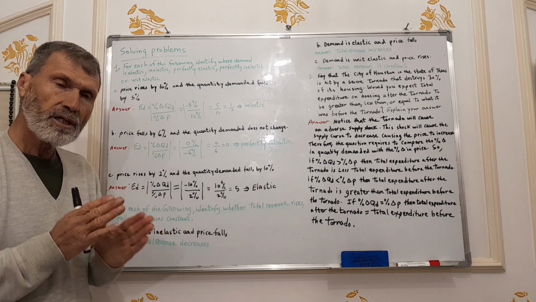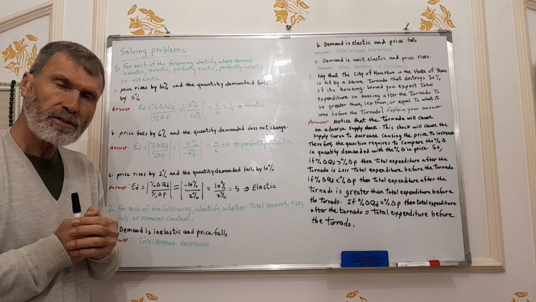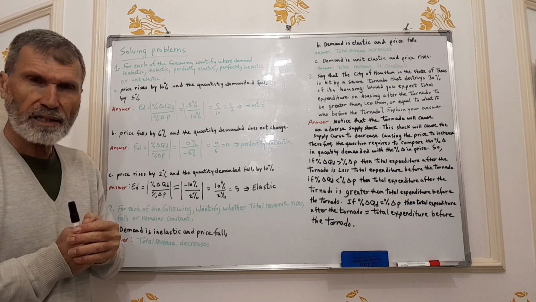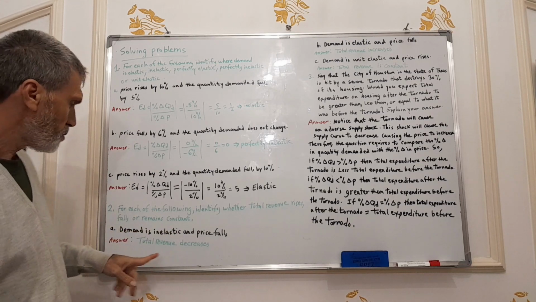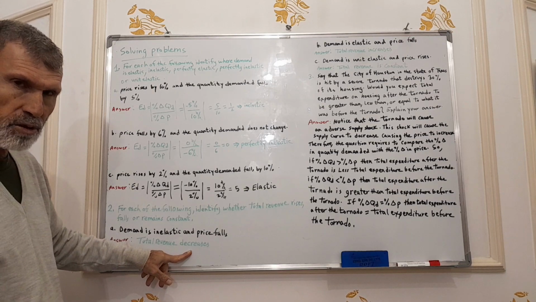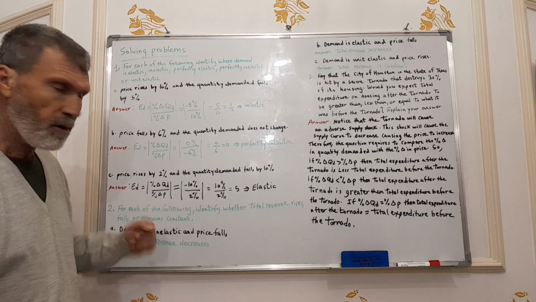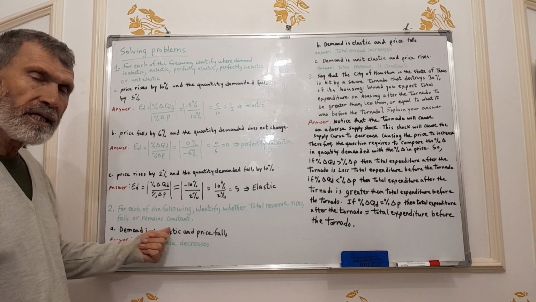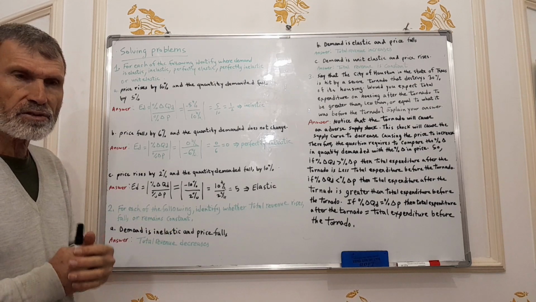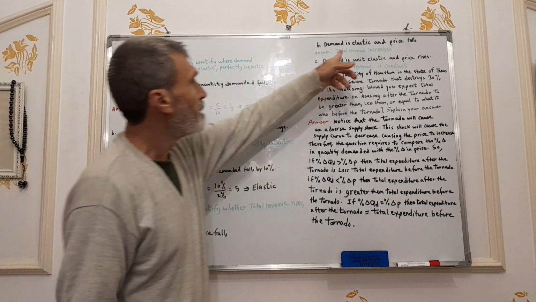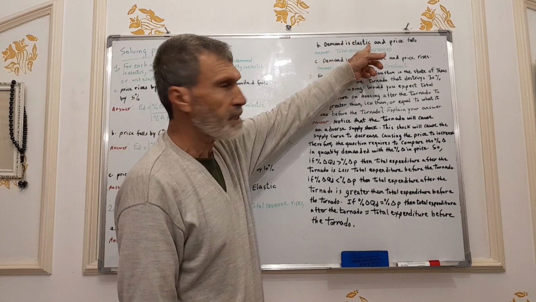When demand is inelastic, total revenue follows the price. So the price falls, which means total revenue falls. Why? The percentage change in quantity demanded is less than the percentage change in price, and the price falls, therefore total revenue falls.